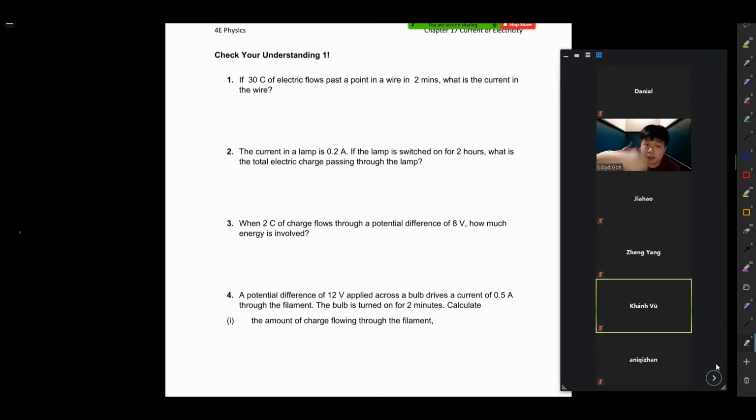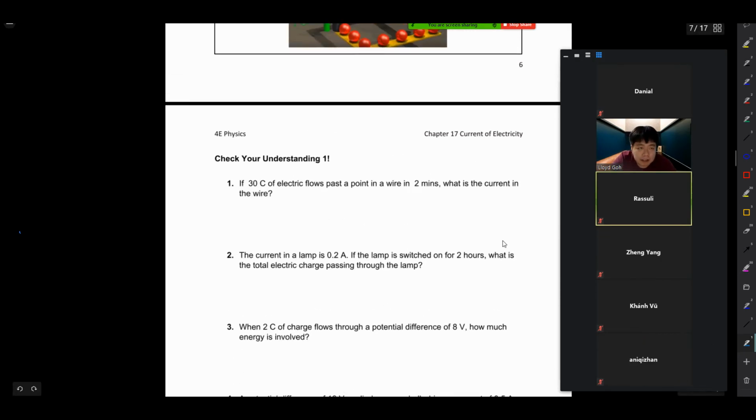Maybe I just write the answer here. Should I write the answer here, or you all don't want to answer? Okay. I'll give you all 5 minutes. Page 7.